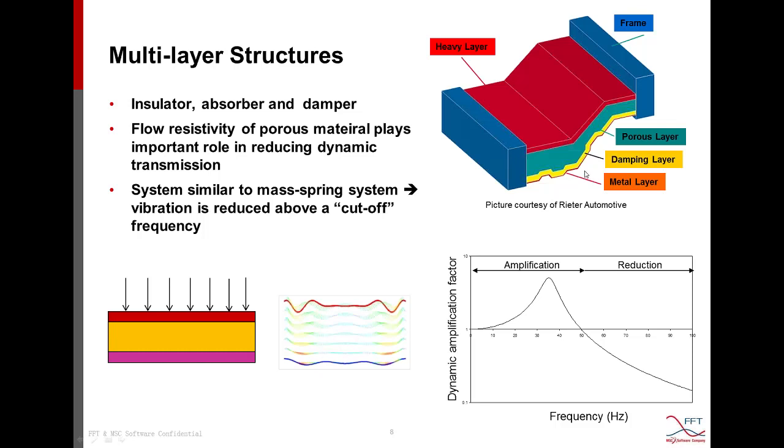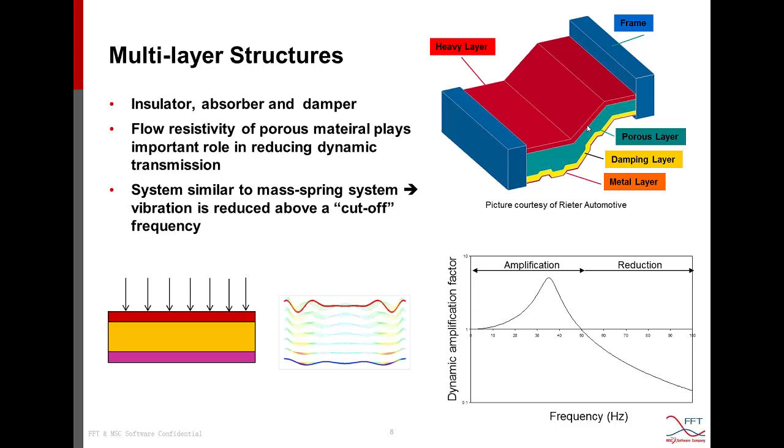So from below, we have the thin metal layer, and then this layer is connected to the damping layer, which is a type of polymer. And then we have the porous layer that goes above this damping layer, and then the complete multi-layer structure finishes with this heavy layer.